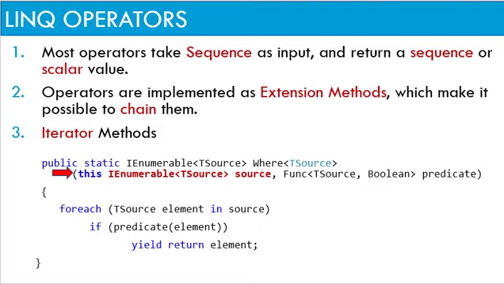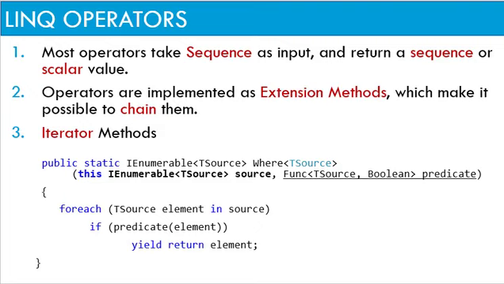Here is how the where operator is implemented. The first parameter of an extension method is always the name of the type on which it is applied, and this keyword is used before the parameter. And the second parameter is predicate function, which is a delegate, so you can provide a delegate or lambda expression.